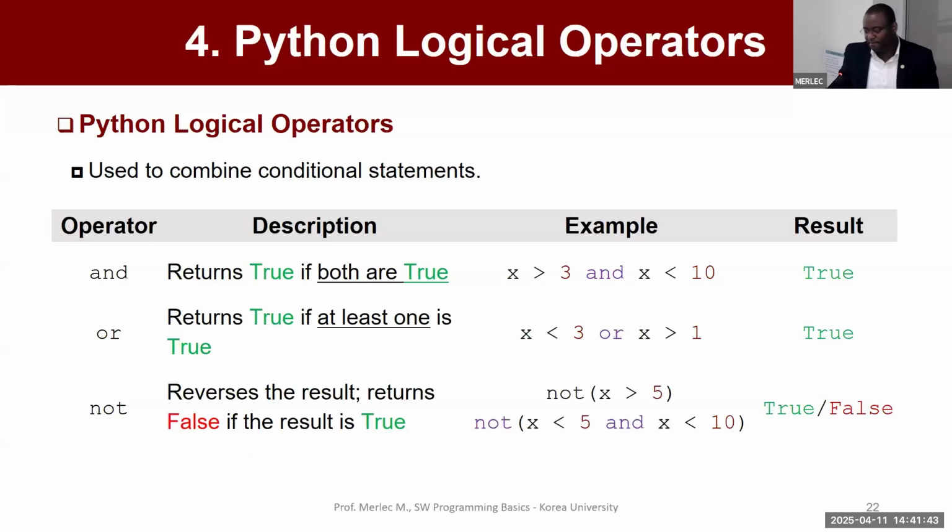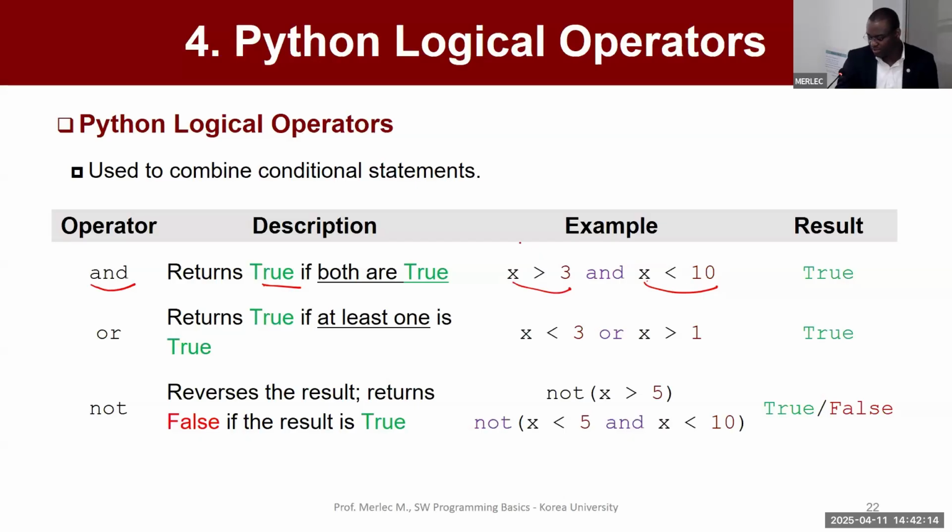The next type of logical operators are used for combining statements. I've shown how you can check one statement. In case you want to combine several statements, you can use the AND operator, which returns true if both expressions are true, like x is greater than 3 and x is less than 10.